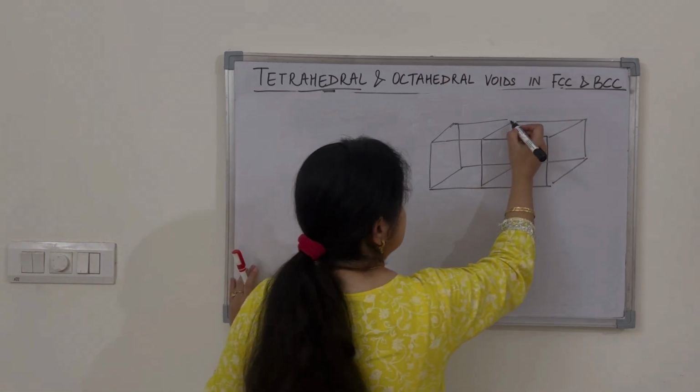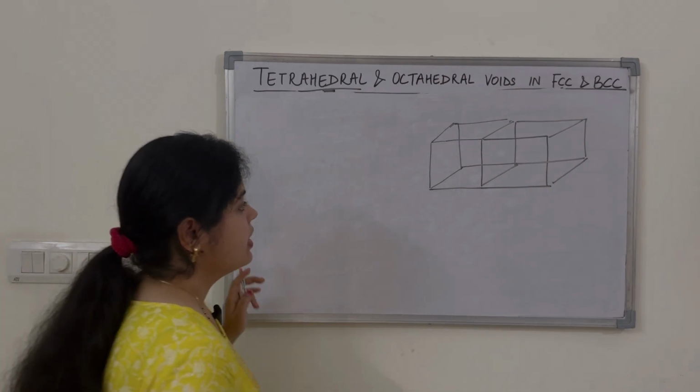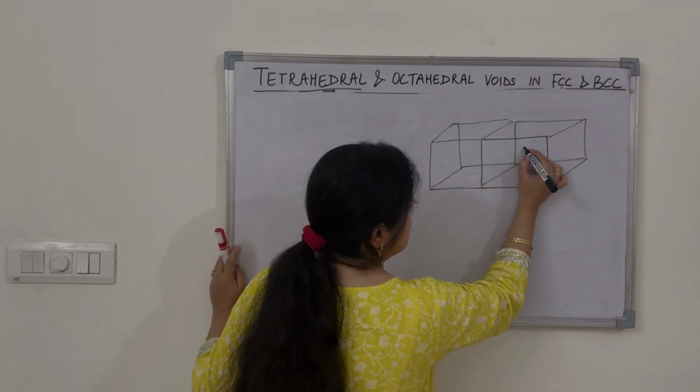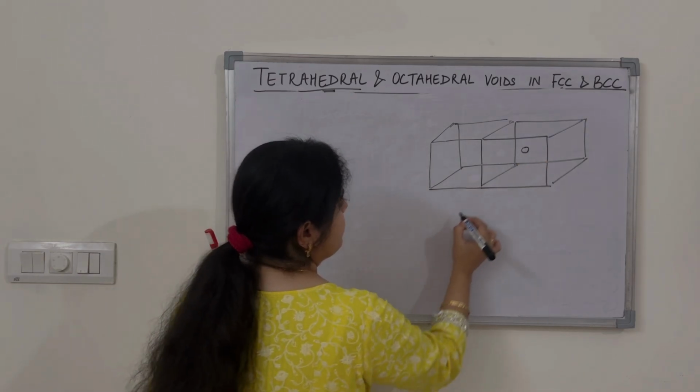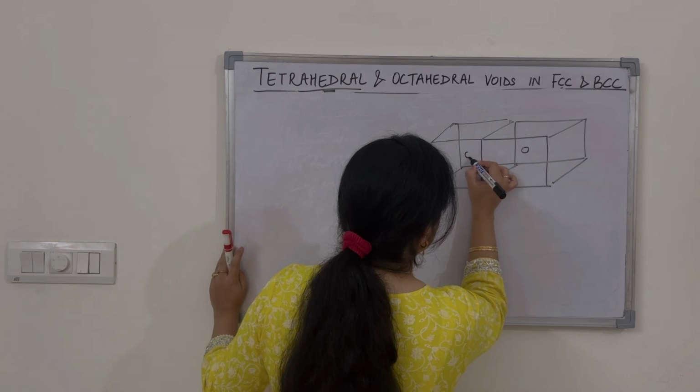Okay. So these are 2 unit cells, body centered structures. So one body centered atom is here and another body centered atom is here.